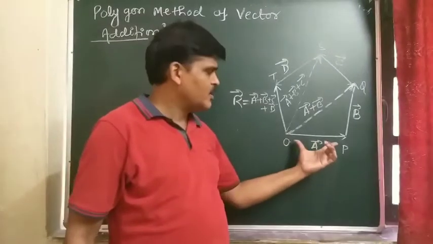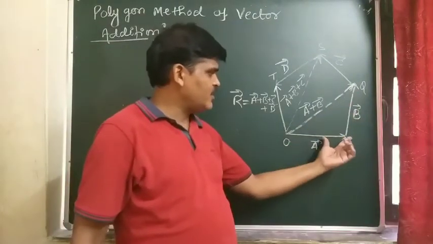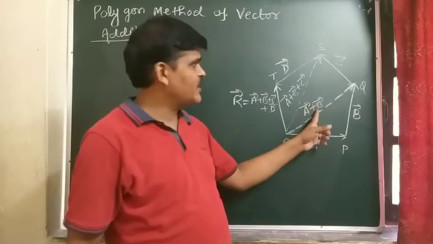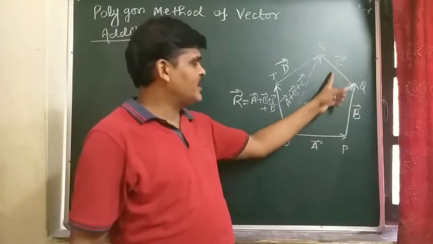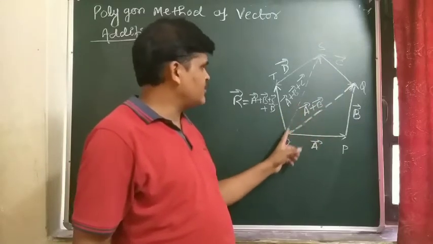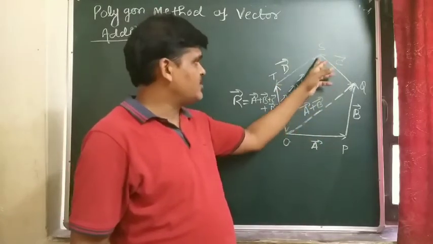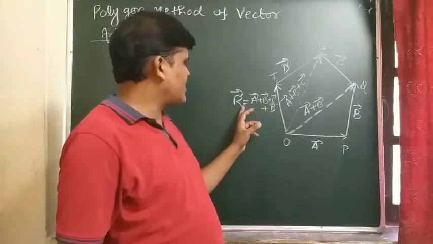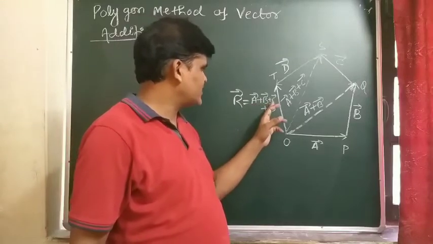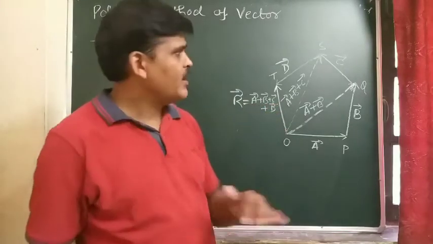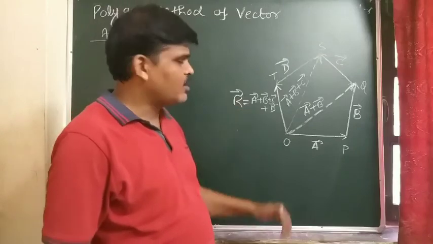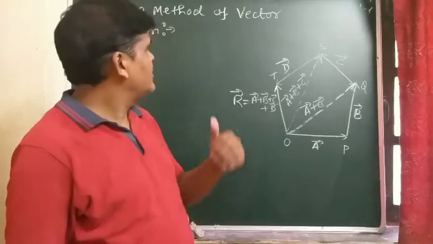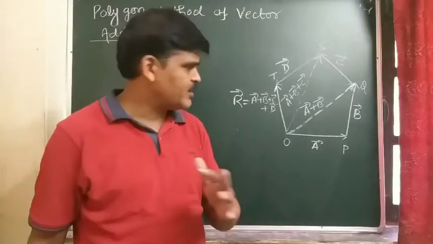So first of all, the resultant of the first 2 vectors is itself a new vector, and when we add the resultant and the third vector, we get another resultant vector which is itself a new vector, and we add a 4th vector, and finally we get a vector R equal to vector A plus vector B plus vector C plus vector D, and this is the method of addition of 4 vectors, which is said to be the polygon method of vector addition.